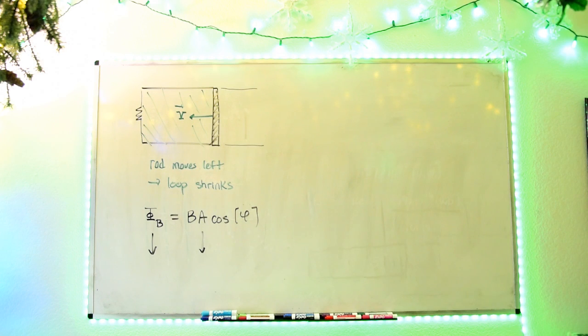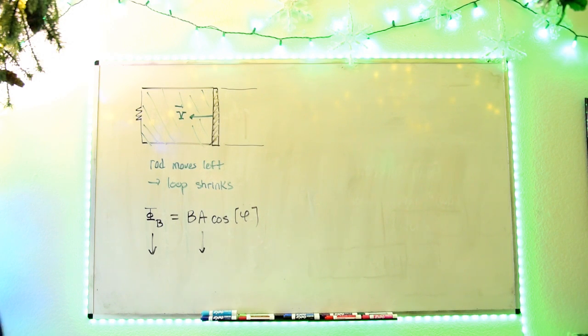If the rod moves to the right, then the area gets bigger, which makes the flux increase instead. So the loop is shrinking because the bar is moving closer to the left side.